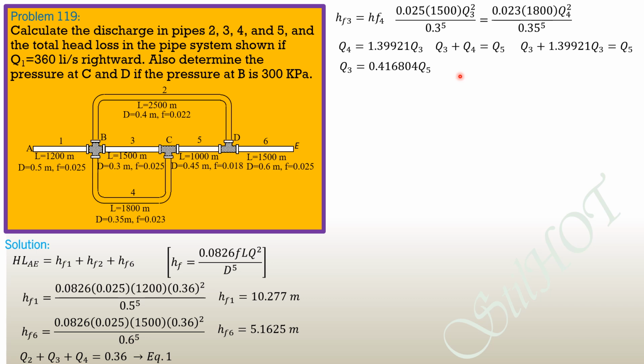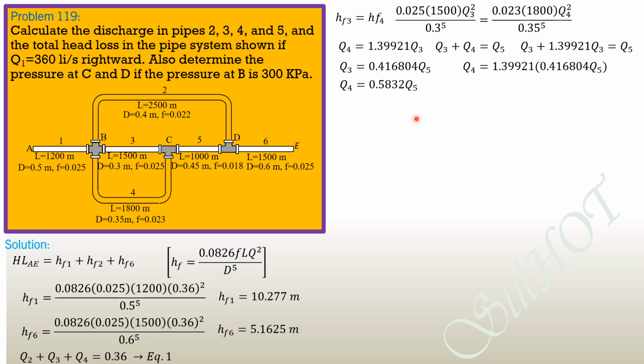Then also, HF2 equals HF3 plus HF5. So Q4 is equal to 1.39921 of Q3, and Q3 is 0.416804 of Q5. So Q4 is equal to 0.5832 of Q5.